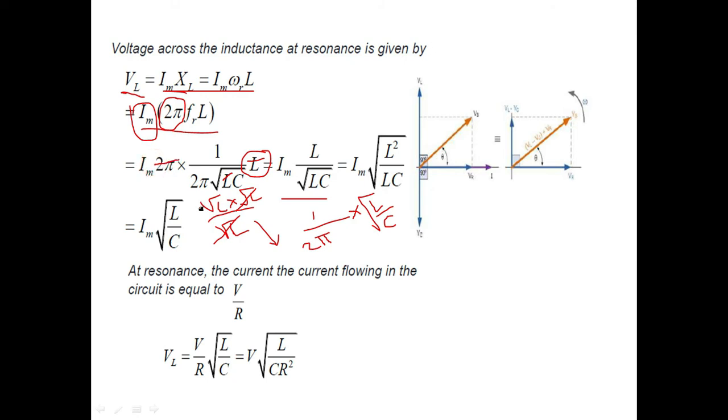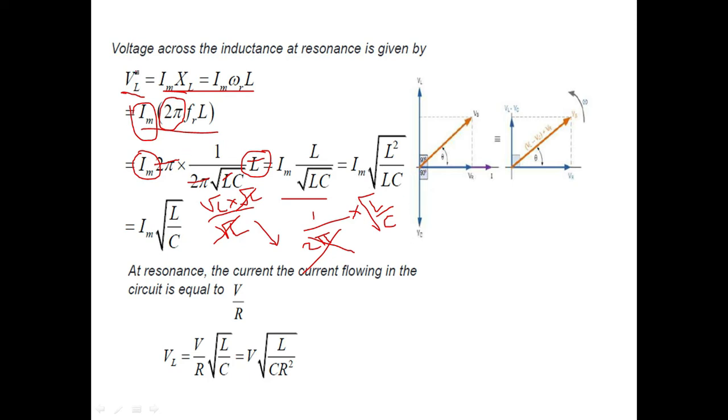This 2 pi and 2 pi get cancelled, because at resonance frequency we write 1 upon 2 pi, so again this 2 pi is also cancelled. Hence only this term remains: Im and L upon C.